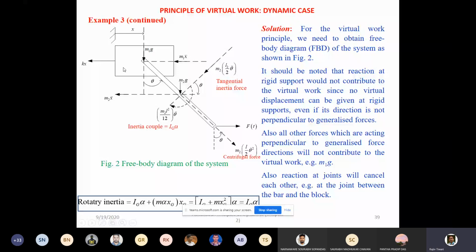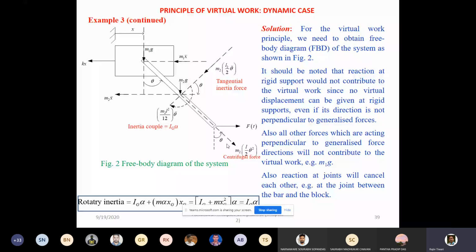Now we will be giving a virtual displacement, and then we'll see whatever forces are acting, how much work they are doing, and accordingly we need to obtain the equation of motion.